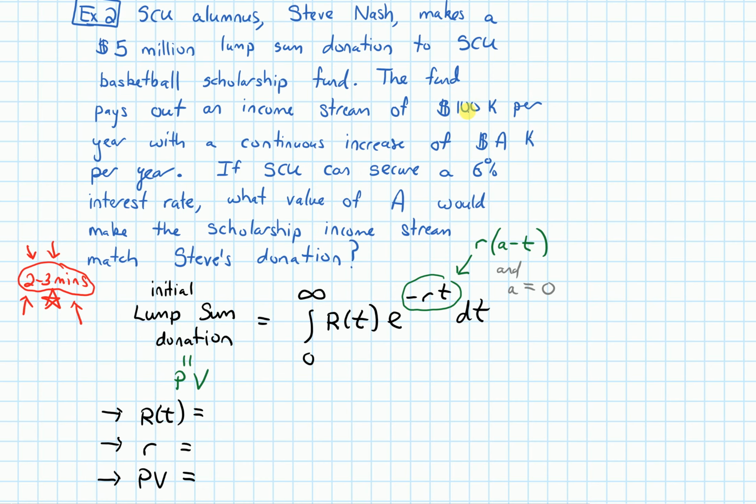Like there's the 100,000 per year. There's also this $1,000 per year. So maybe let's convert 5 million to thousands. If I need to write 5 million in terms of thousands, that's actually 5,000K. It's 5,000K dollars.